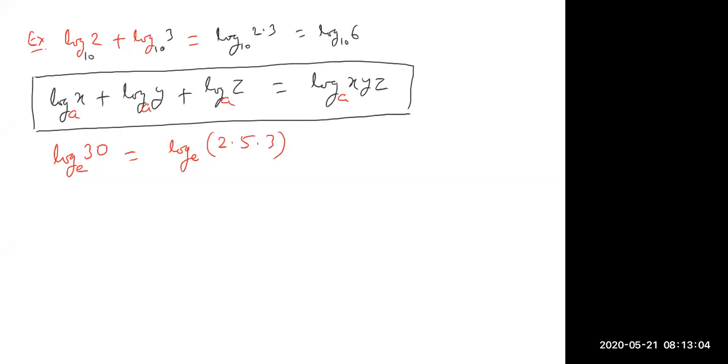So this is equal to log 2 plus log 3 plus log 5. So you can see a product is converted into a sum. That is the reason calculations become easy with logs.